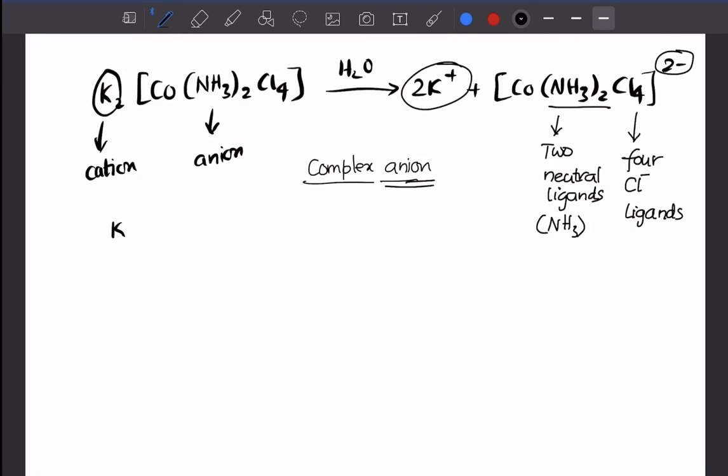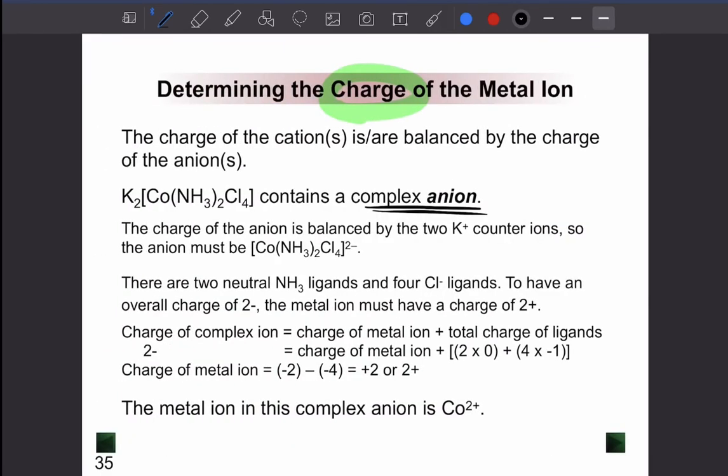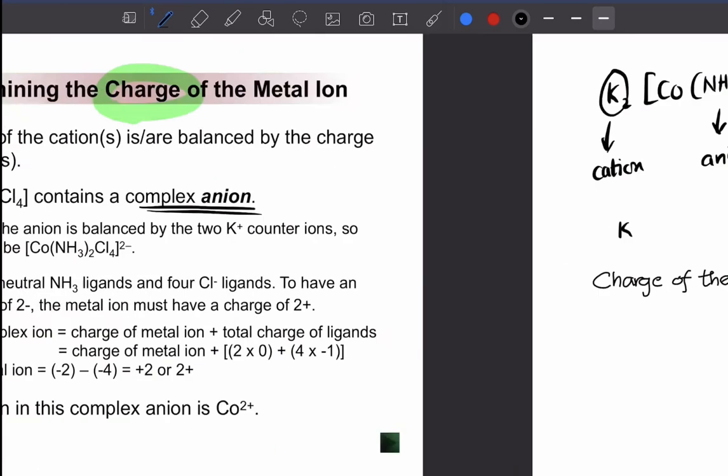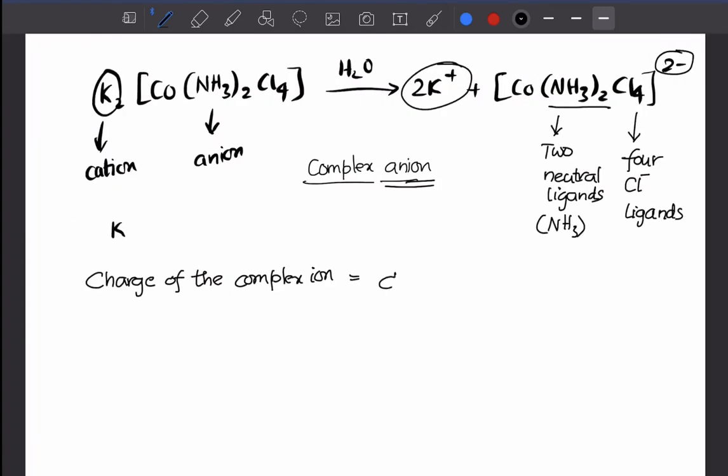So the charge of the complex ion can be written as the charge of the metal ion plus the total charge of the ligands.